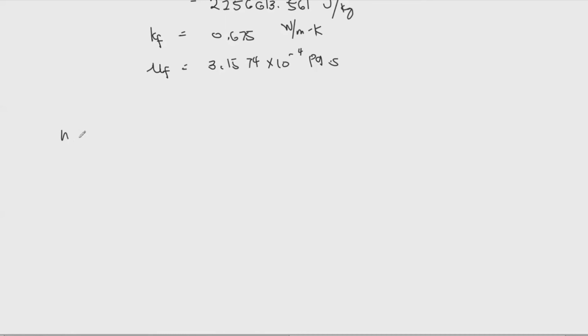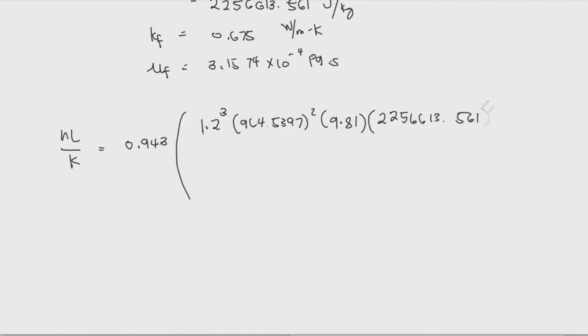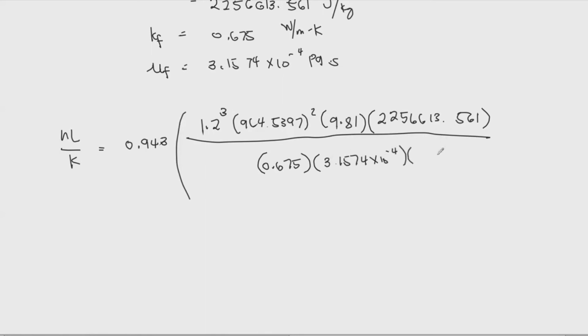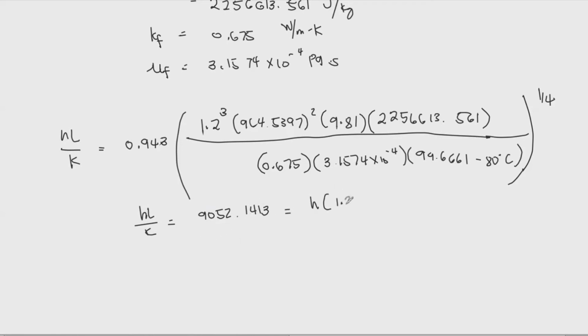So we have HL over K, that is equal to 9052.1413, and this is equal to H times 1.2 meters divided by K, so that's 0.675 watts per meter Kelvin.